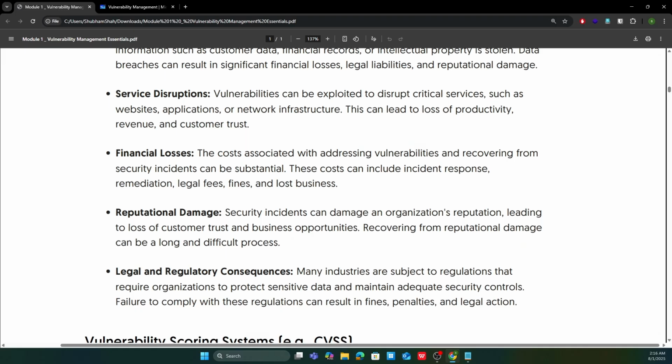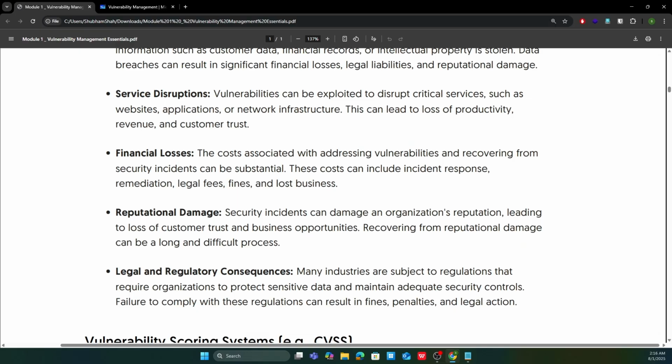It can be anyone, so let's consider this as an example. Security incidents can damage the organization's reputation, leading to loss of customer trust and business opportunities. Now the new user would not sign up, because it is already known in the market that we have been involved in a data breach.